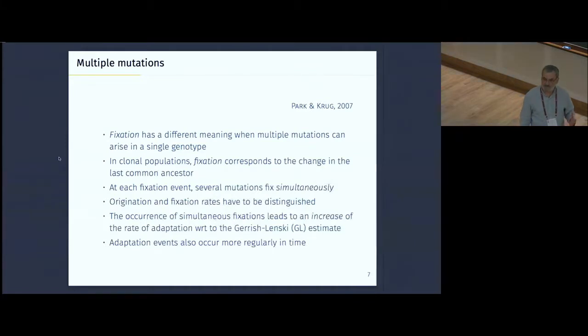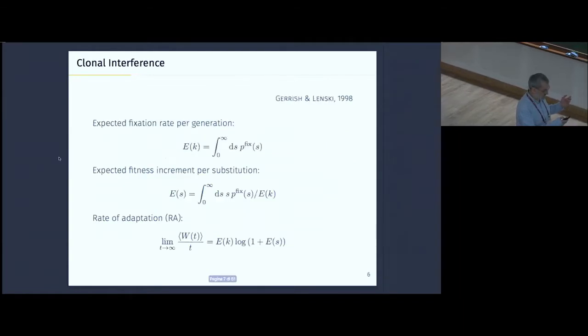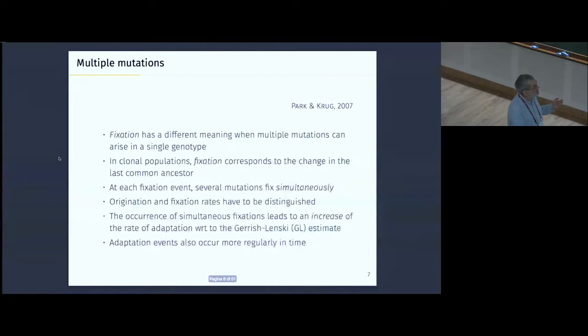So the fight is no more against single mutations on the background of the wild type, but multiple mutations, one against the other. This is a very fascinating theory, and there's this nice paper by Park and Krug, which I'm not going to discuss.